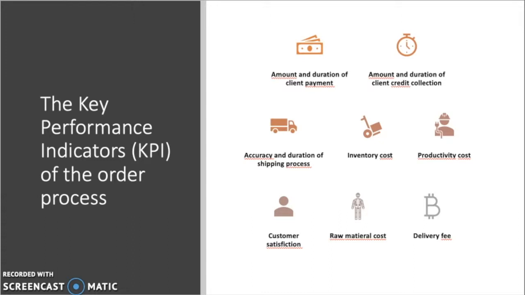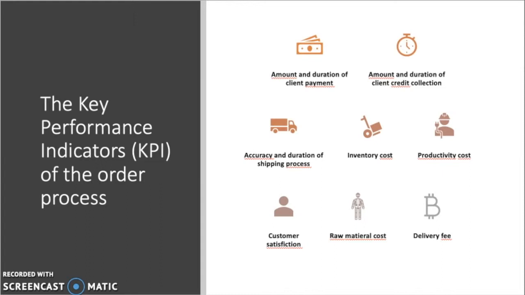Then it's the accuracy and the duration of the shipping process. It's about the logistics team. Do they ship the correct amount and the correct item of products to the clients? And do they take a long time or a short time? It will be evaluated in this part.